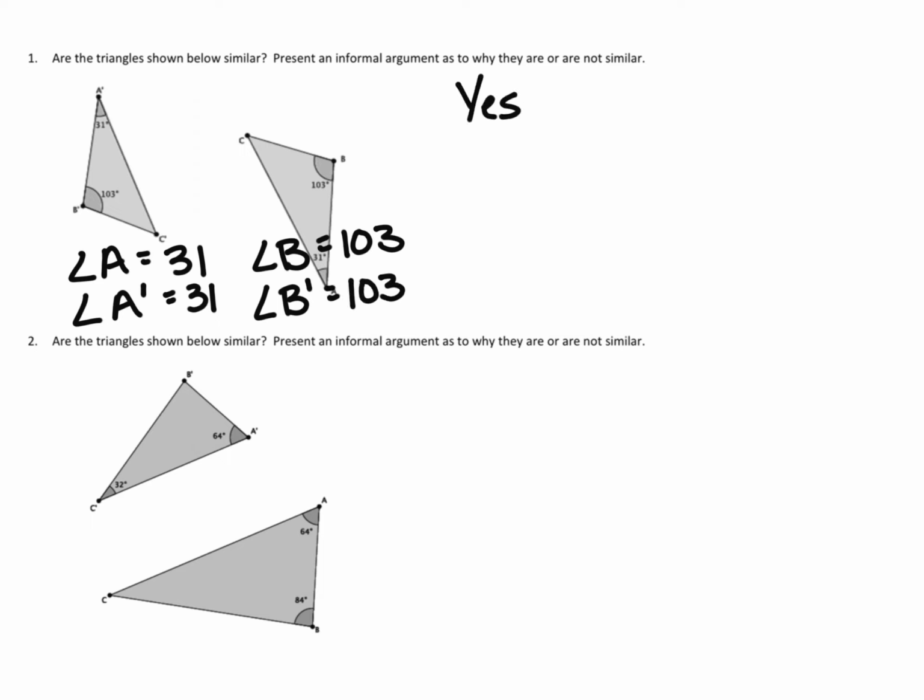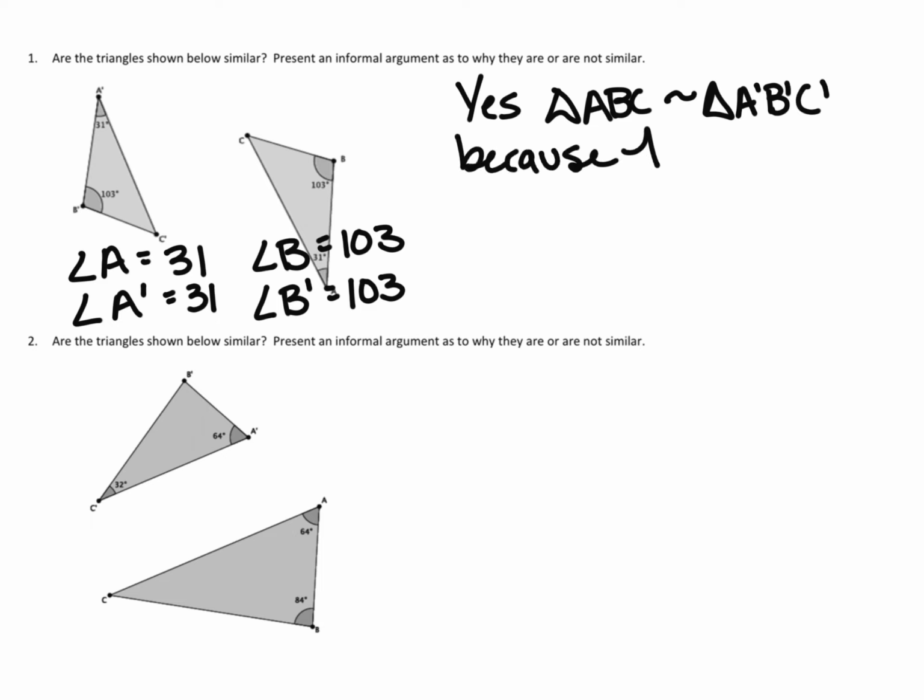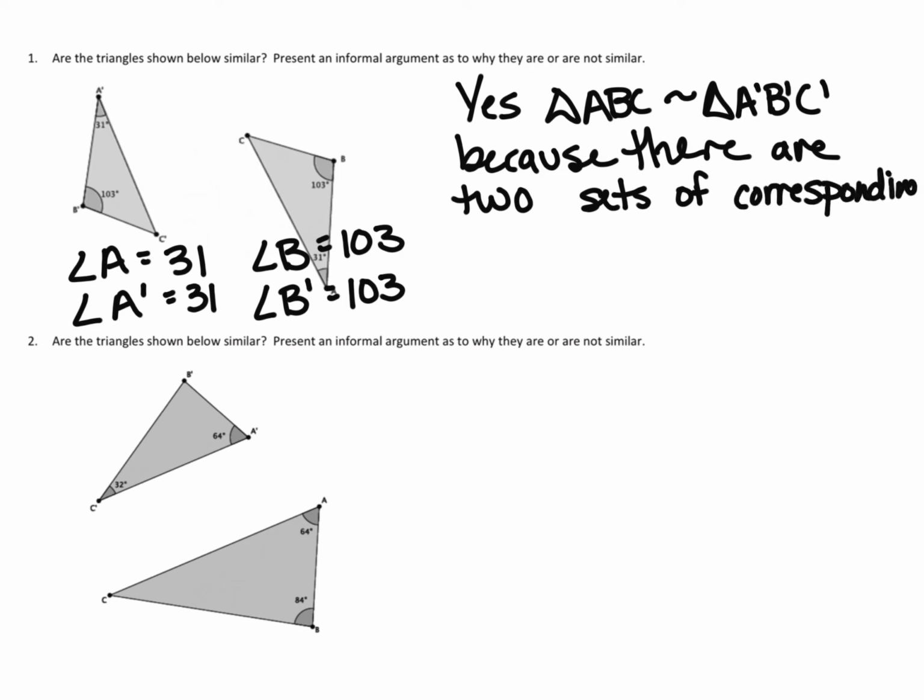So yes, triangle ABC is similar to triangle A prime, B prime, C prime because there are two sets of corresponding, meaning matching up, A with A prime, B with B prime, angles that are equal in measure.